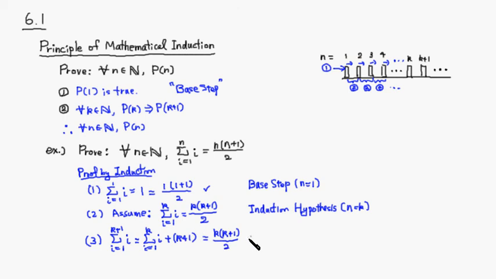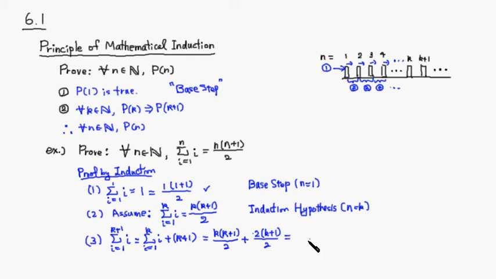And k plus 1 is the same thing as 2 times k plus 1 over 2.